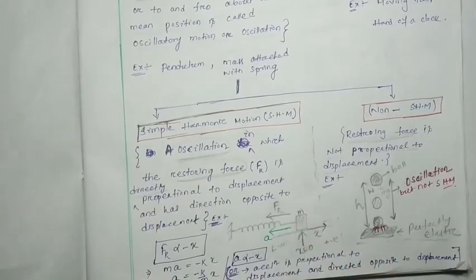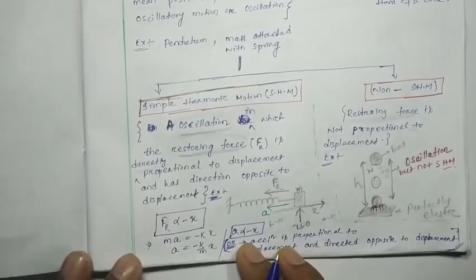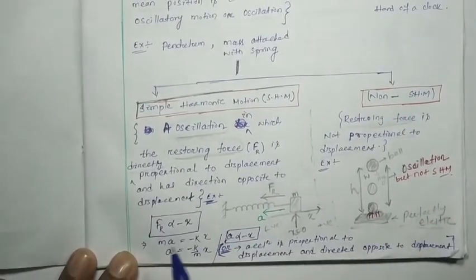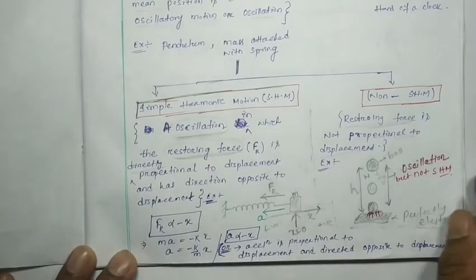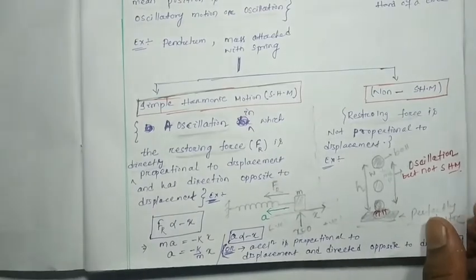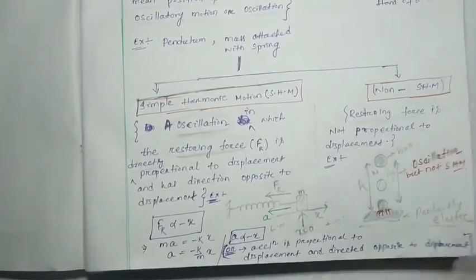We discussed this step by step, and I suggest that you follow the lecture number 1 video. We found that the restoring force is proportional to minus x, and acceleration is also proportional to minus x, meaning if displacement increases, acceleration also increases, but in the opposite direction to the displacement.